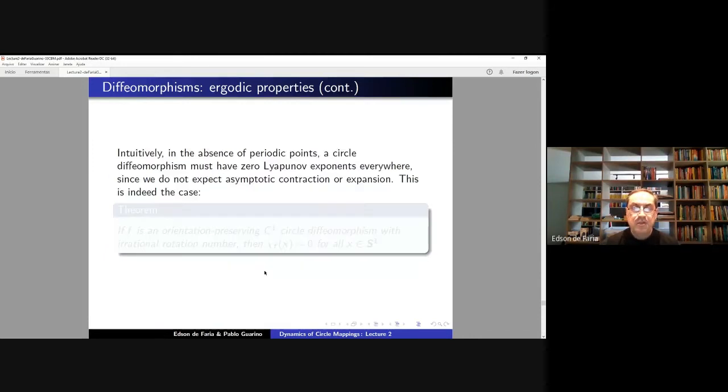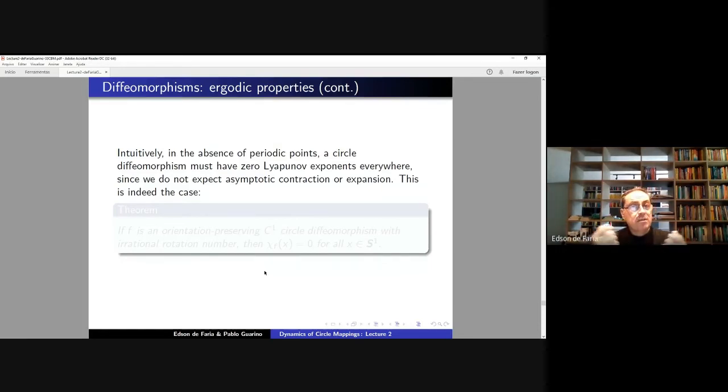And this is precisely the content of the following theorem. If you exclude periodic points, of course, it's important to exclude periodic points here. If your map has an attracting periodic point, like for instance a Morse-Smale diffeomorphism of the circle, as mentioned by Pablo in his first lecture, then you have contracting periodic points and also expanding periodic points.